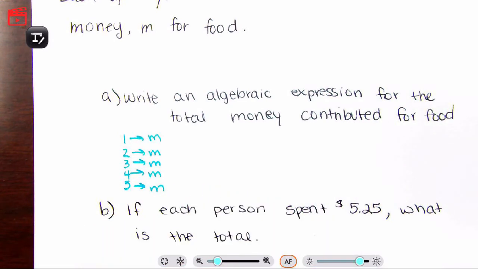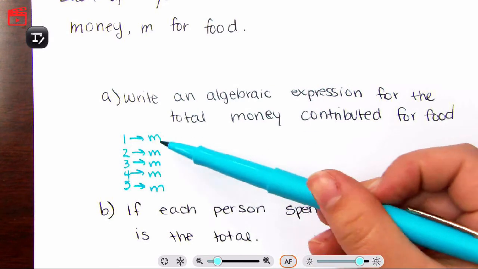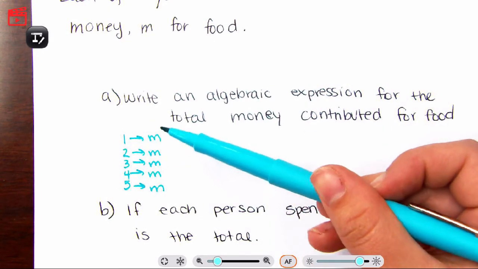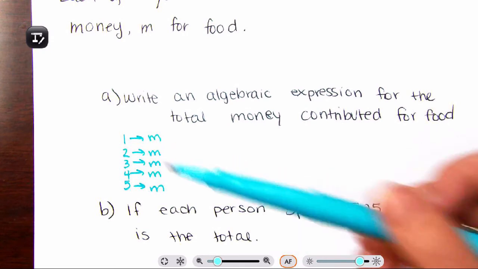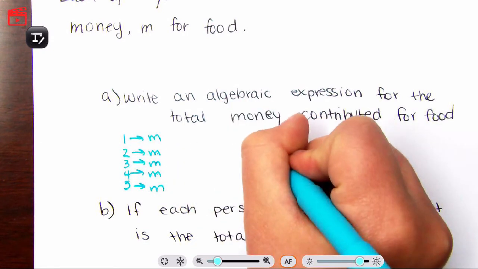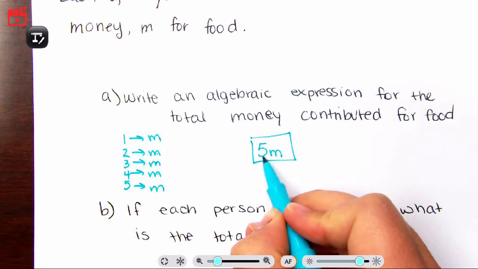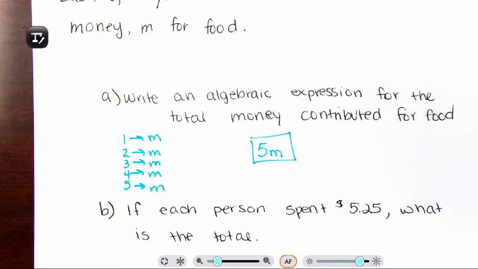We don't know how much money, so we're not looking at that. We're saying each person gives me M quantity of money. So how much money did they actually give me? Well, I have 1, 2, 3, 4, 5 M's. So I have 5M as my expression because 5 people give me M quantity of money.